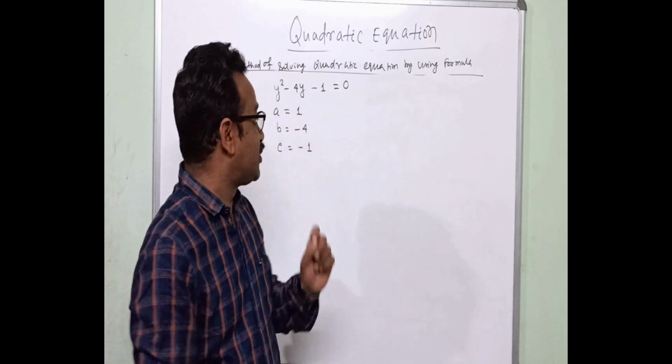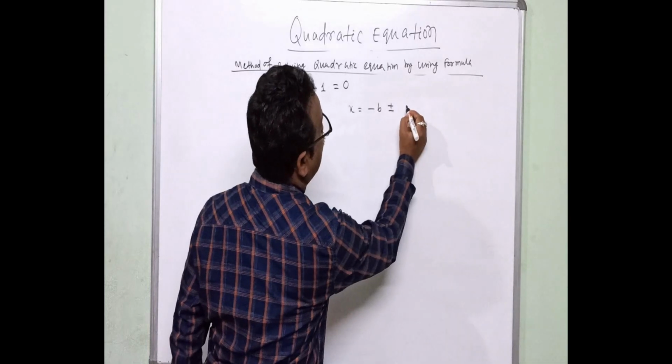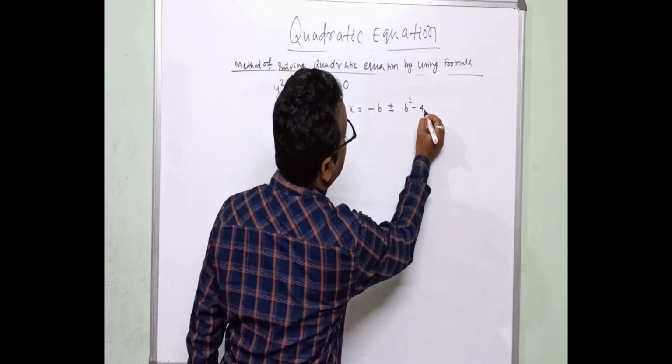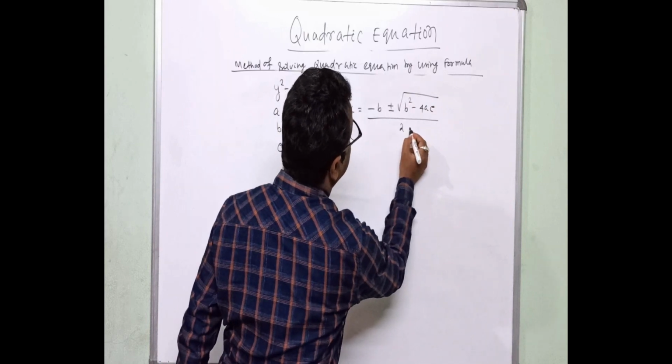Yes. x is equal to minus b plus minus root of b square minus 4ac, whole divided by 2a.